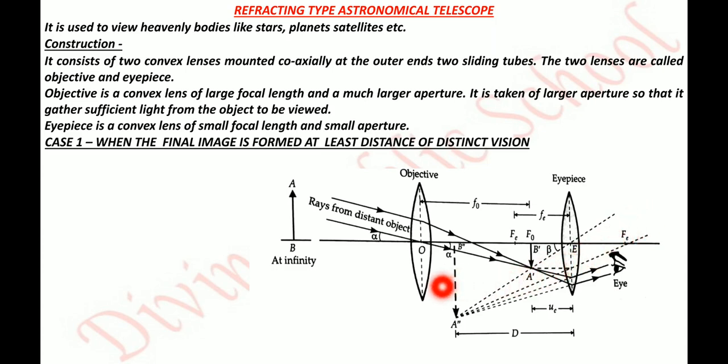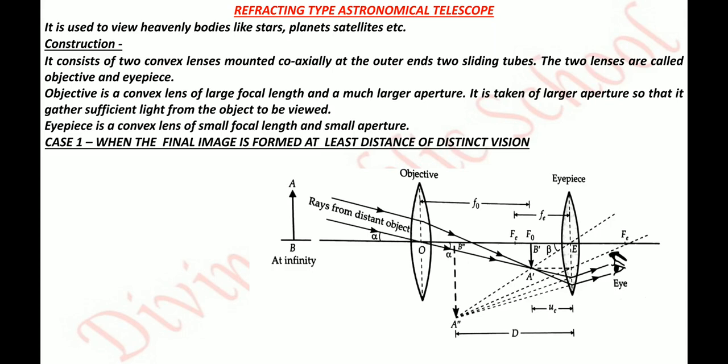When we extend them behind, we get an image, and that image is B double dash A double dash, and this image is at the least distance of distinct vision, that is your capital D. It is shown there. The distance of the image formed by the objective from the eyepiece is considered as UE.